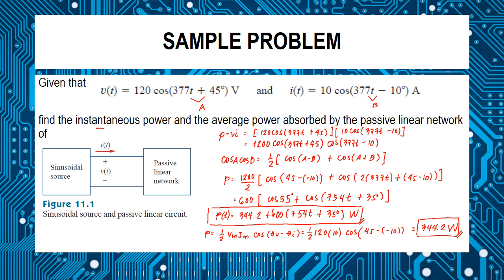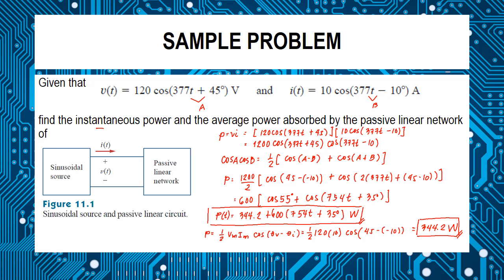So our p(t), let's put the t here just to denote the instantaneous power, is equal to 344.2 plus 600 cosine of 754t plus 35 degrees. And of course, our unit is watts.